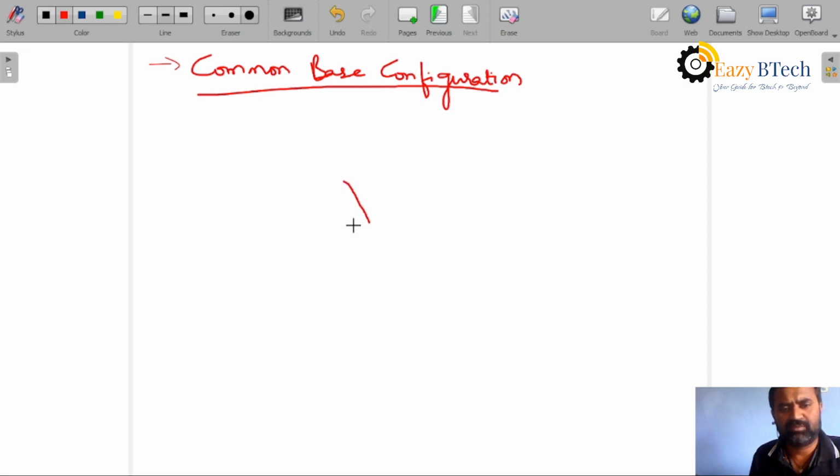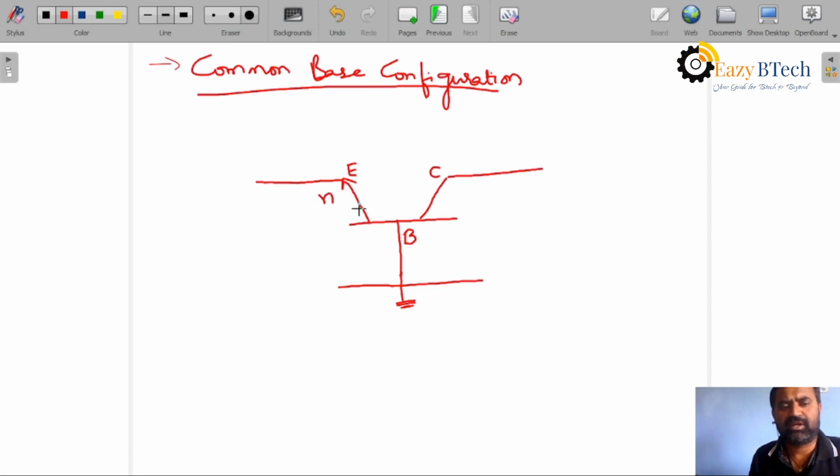Now you can see, this is grounded. This terminal is a base. This terminal is an emitter. This terminal is a collector. Okay. Now it is an NPN transistor.